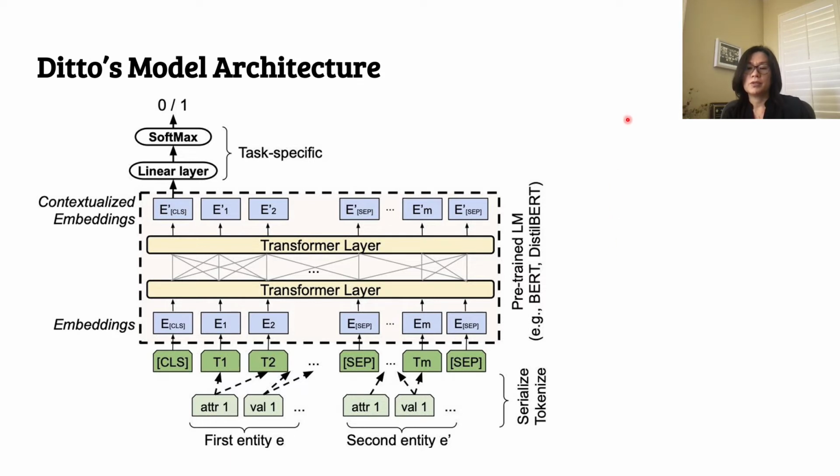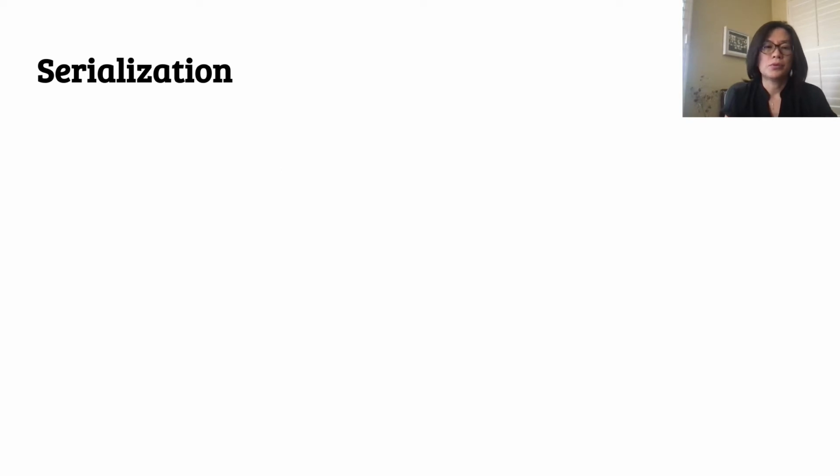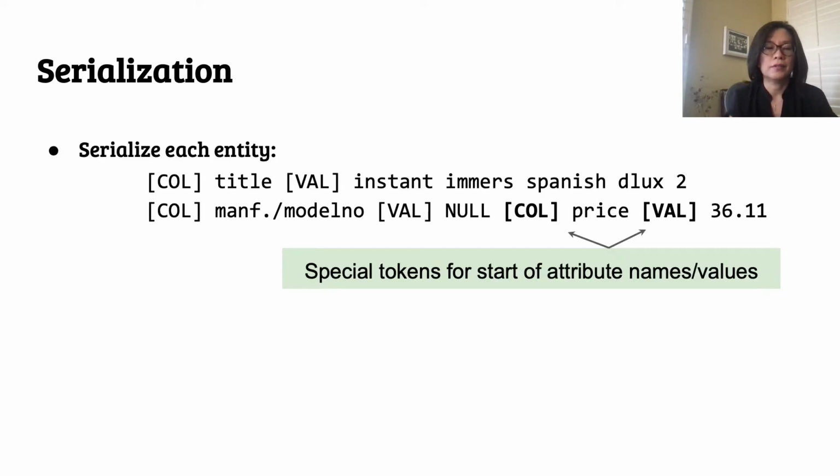To train the model, we need to pass our training data through this model, which means we need to serialize the candidate pairs of records before passing them through BERT. So how do we serialize the input? We serialize every record as follows. The attribute name will go after a special token, the COL token, and the attribute value will go after another special token, the VAL token.